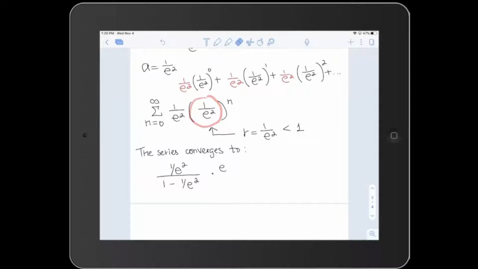So that's your setup here, right? Now we can simplify this. How do we simplify it? I'm just going to multiply by e squared on top and bottom. I will make my expression very clean: 1 over e squared minus 1.